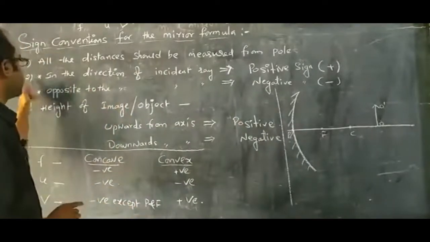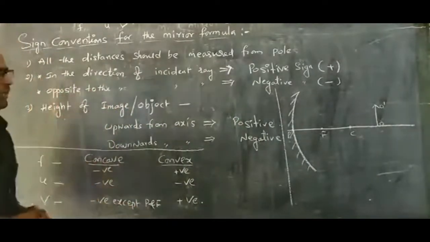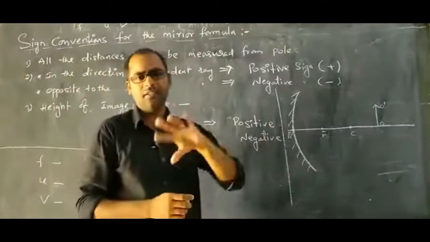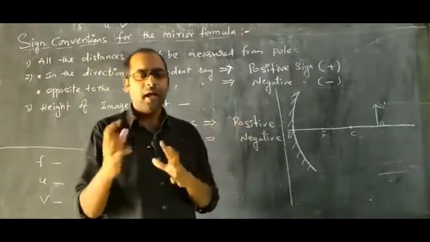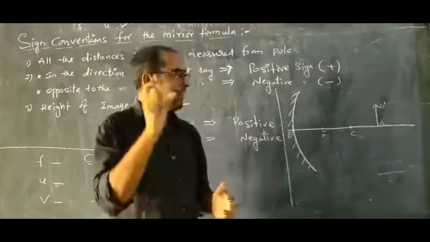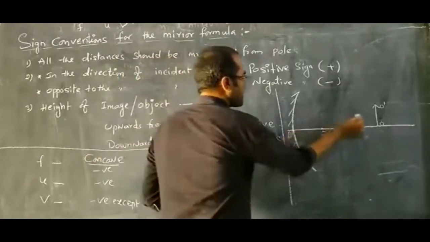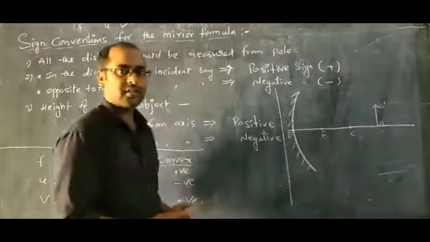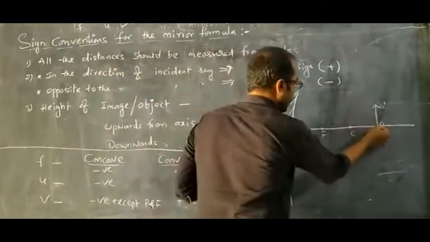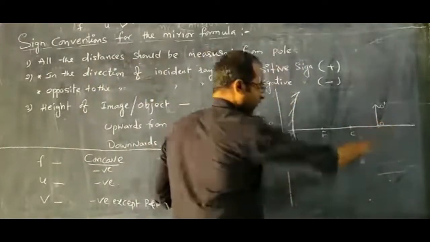Next, second. We are measuring the distance. All the distances should be measured from pole. Let us take the first distance, that is object distance. This is the object, it is placed here, between F and center of curvature.